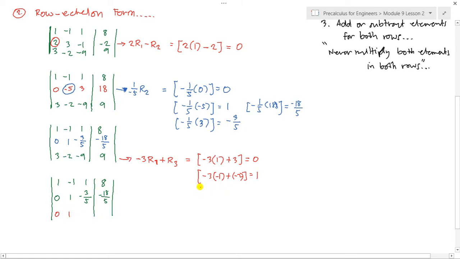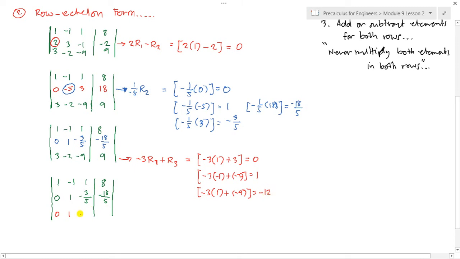Proceed to the third column: negative 3 times 1, from row 1, third column, then negative 9 here in row 3, plus negative 9. What is the answer? Negative 12.